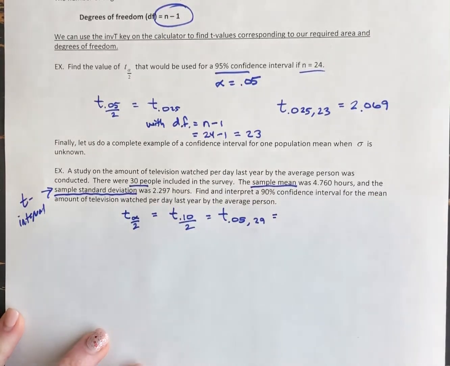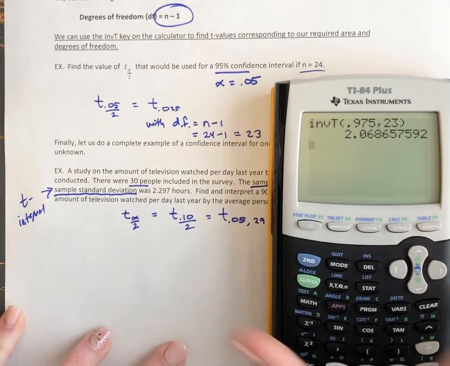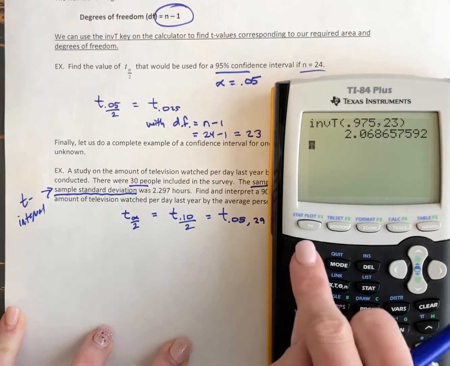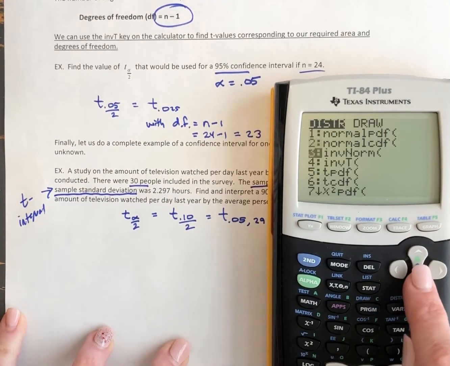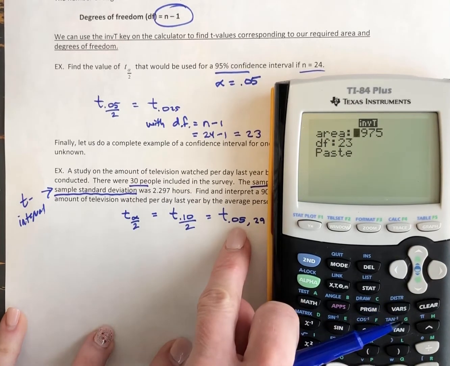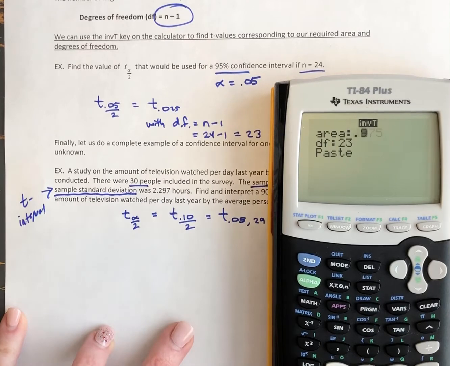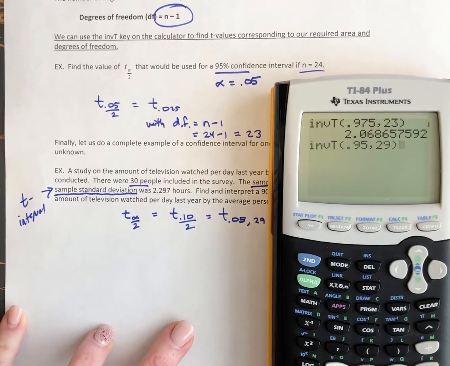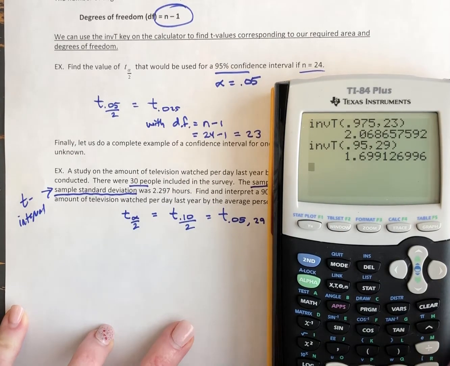Let's go ahead and get the calculators out and find that. So second distribution, we're going to inverse T. If 5% of the area is to the right, that means 95% is to the left, and we said we had 29 degrees of freedom. So that T value we're going to need is 1.70 if we round to 2 decimal places.